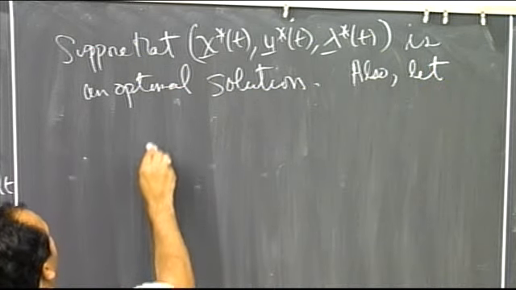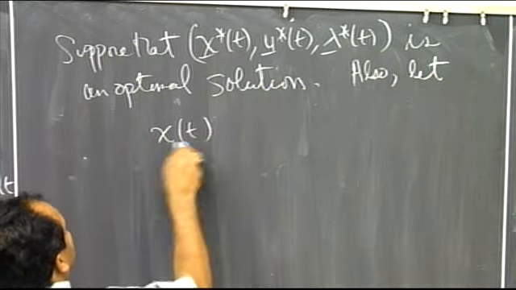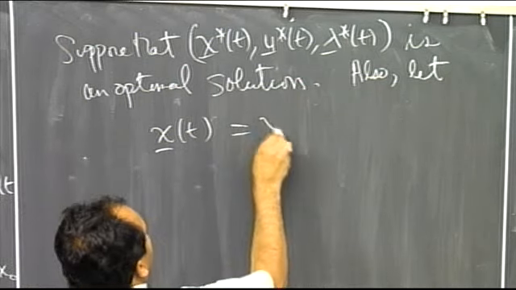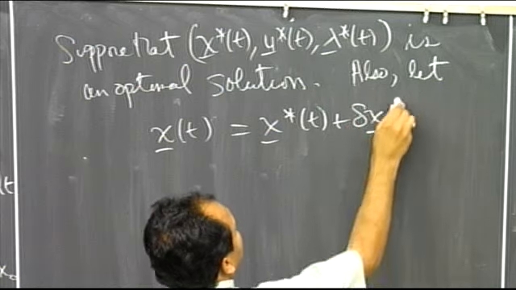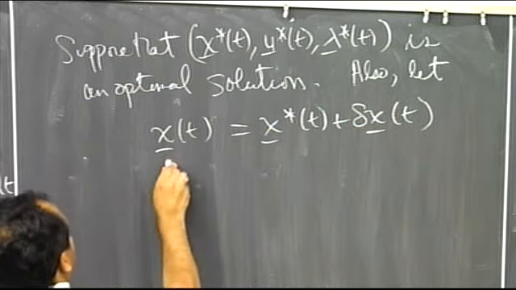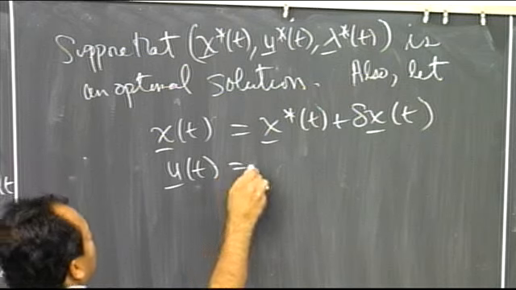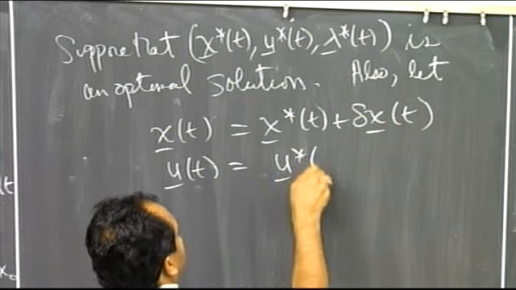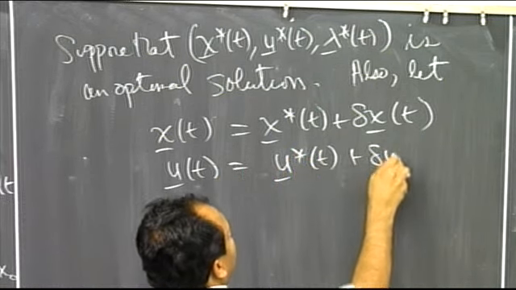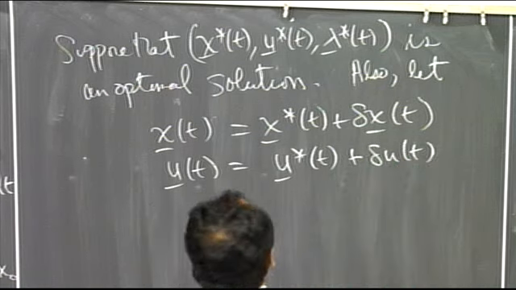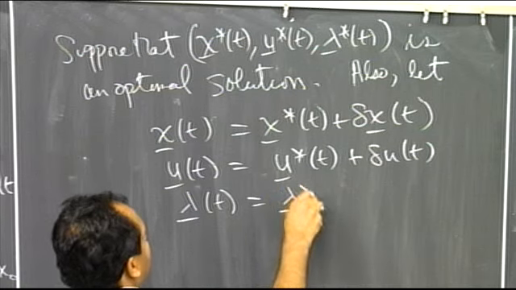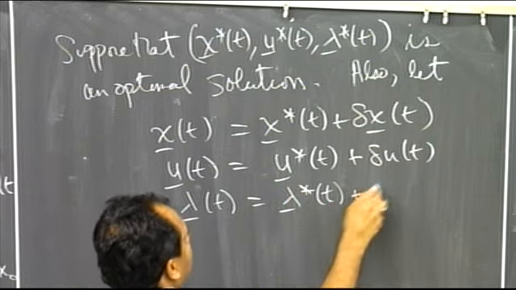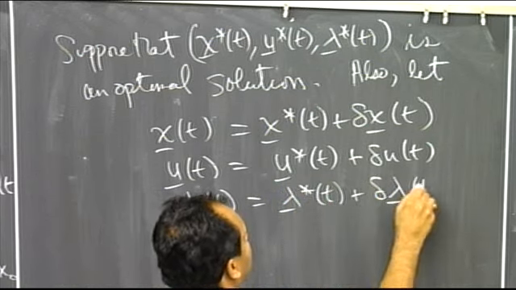I'm going to say x of t, which is a general trajectory, is equal to x star of t plus delta x of t, and u of t is equal to u star of t plus delta u of t, and lambda of t is equal to lambda star of t plus delta lambda of t.